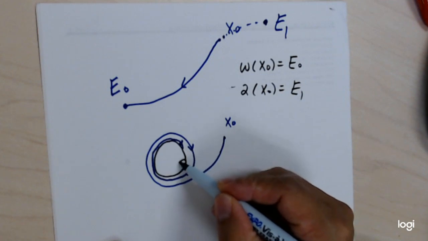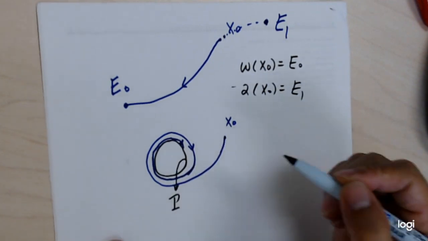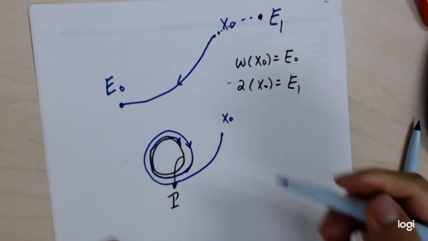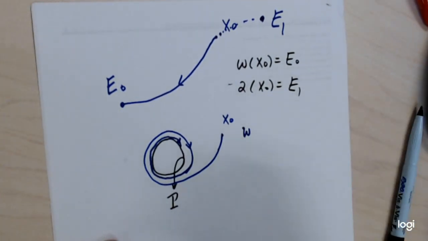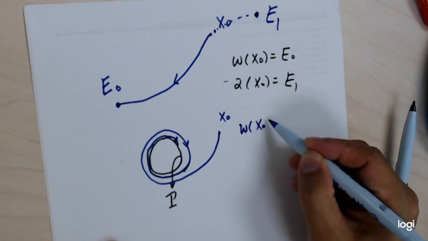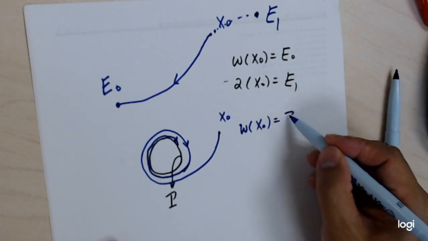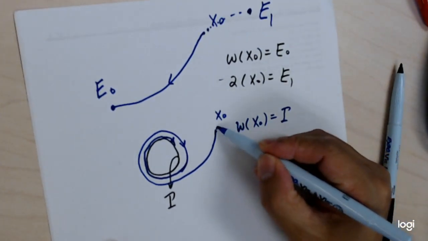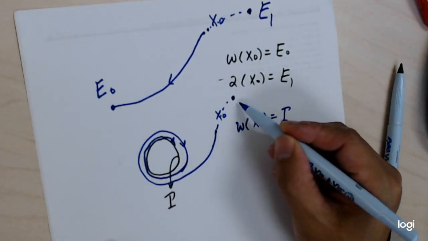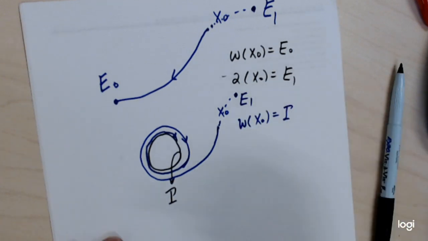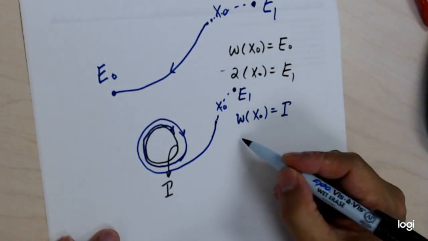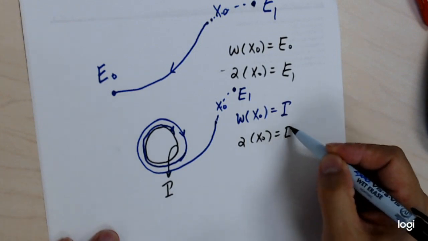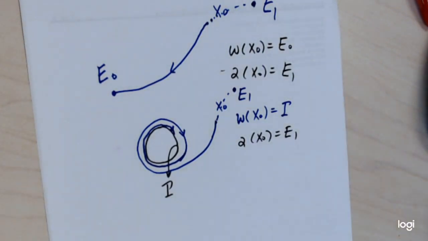Instead, it's getting arbitrarily close to this closed orbit that we call gamma. Then the omega limit set will be this set gamma. Going backwards in time, this trajectory can come out of an equilibrium point, say E1. Then the alpha limit set will be E1.